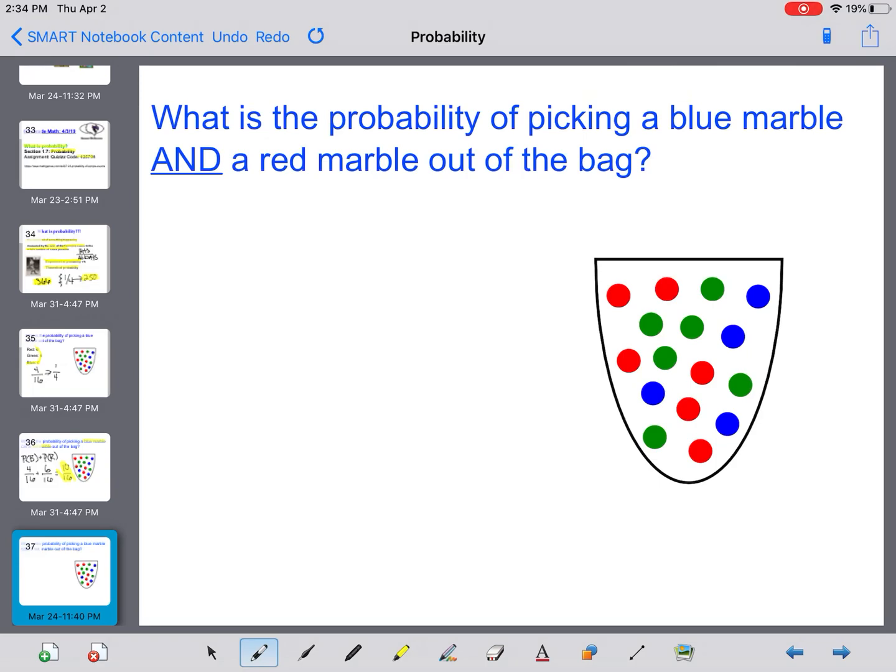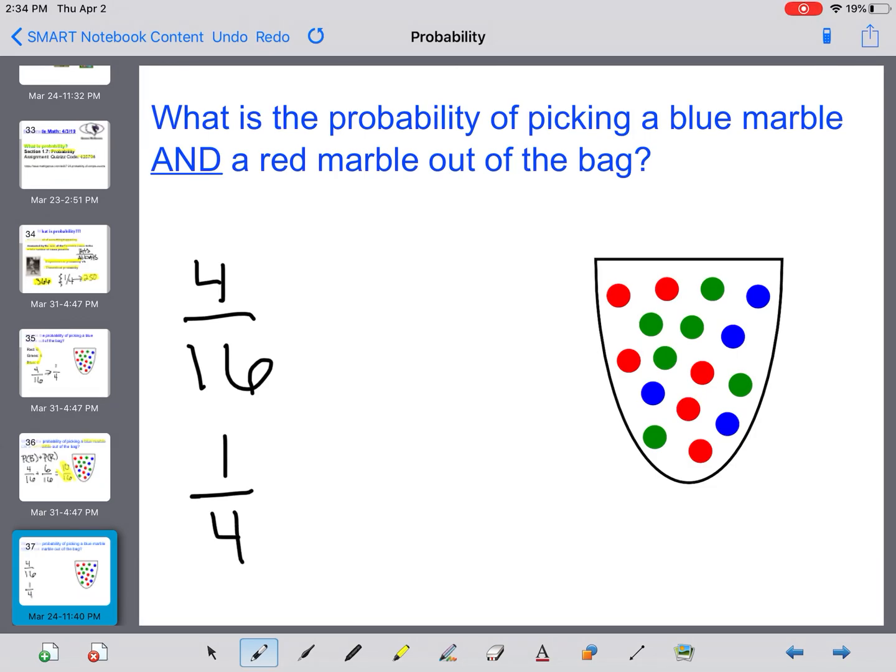So we look at this one now. What is the probability of picking a blue marble and a red marble? Well, now I need to pick 2 marbles out because we are trying to get both. Well, we know that the probability of a blue marble is 4/16 or 1/4.